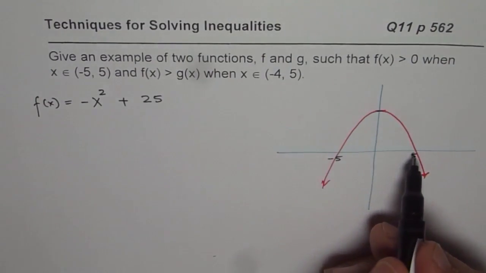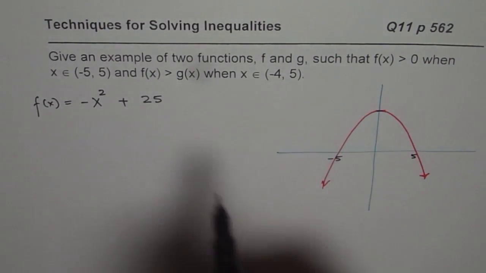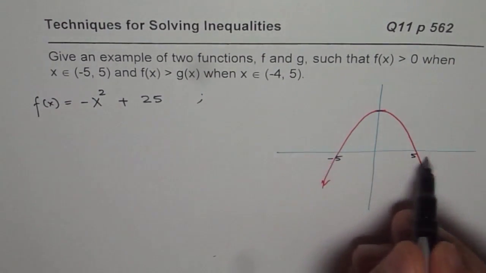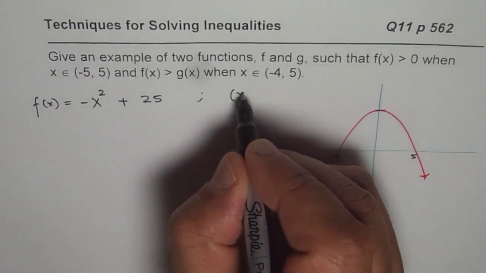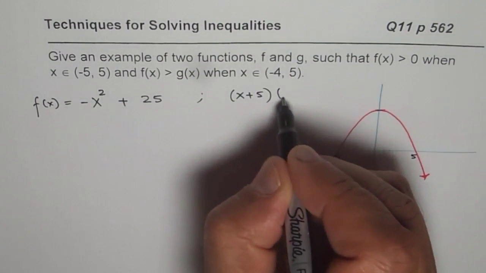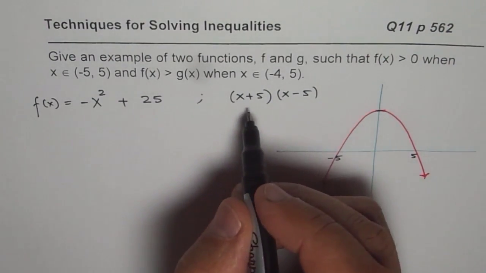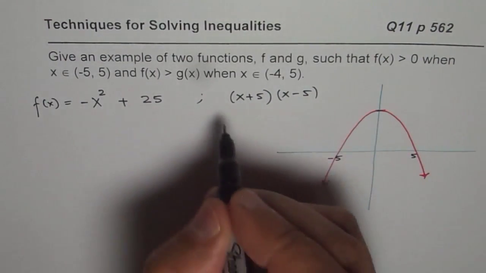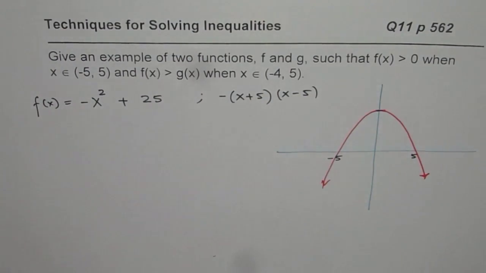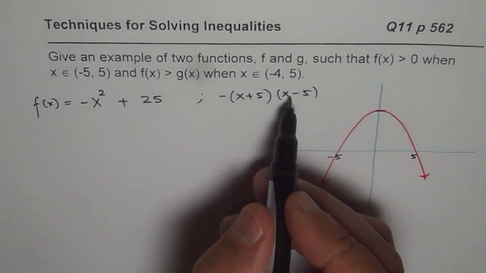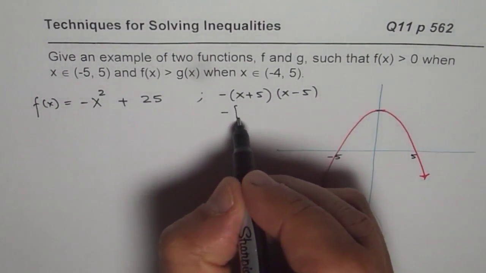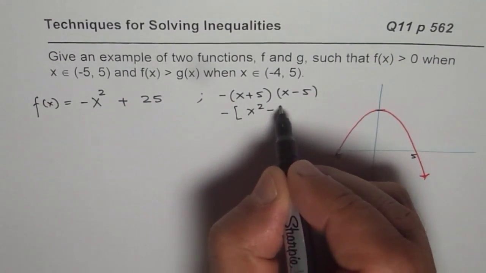Let me write down the alternate way. Since we have two roots here, we could do x plus 5 times x minus 5. And when you expand it, since it is opening downwards, it has to be with a negative sign. So when you expand it, you get minus of x squared minus 25.